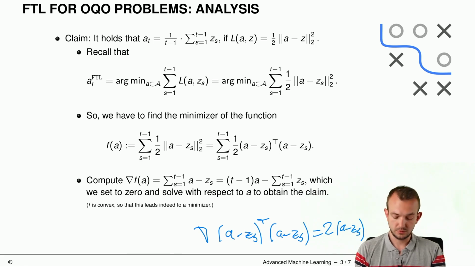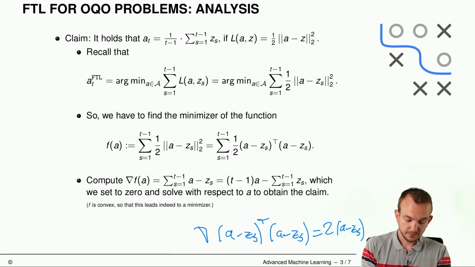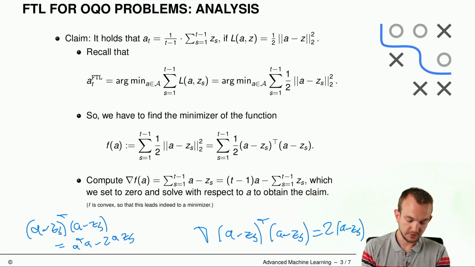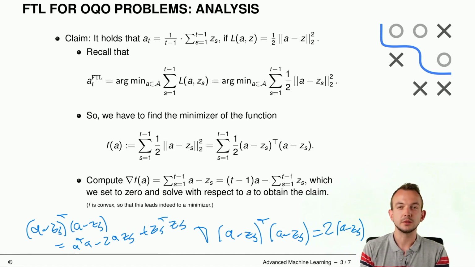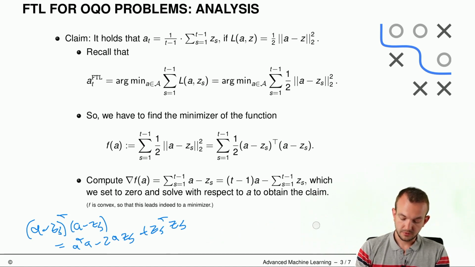Now, if you want it more precisely, this here is a transpose a minus 2 times a zs plus zs transpose zs. So you can compute the term more explicitly, and then you see, well, this here is independent with respect to a, so this will be a 0.